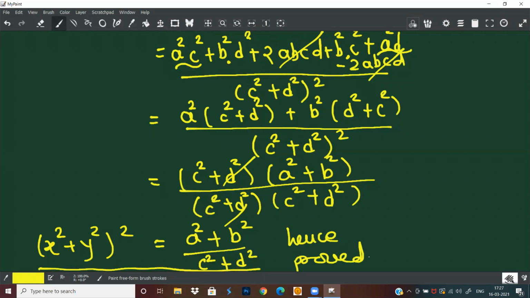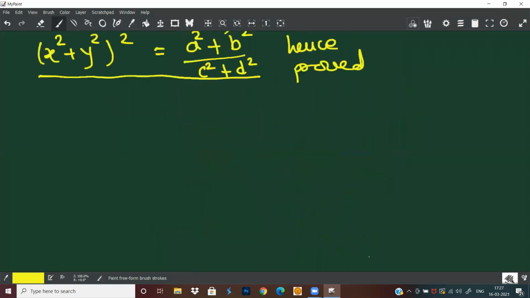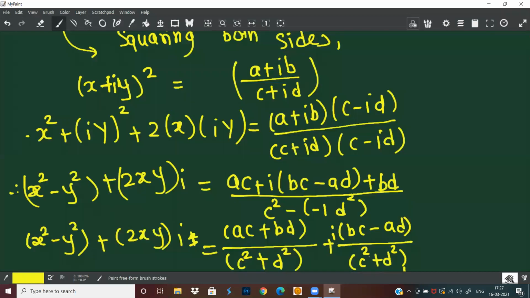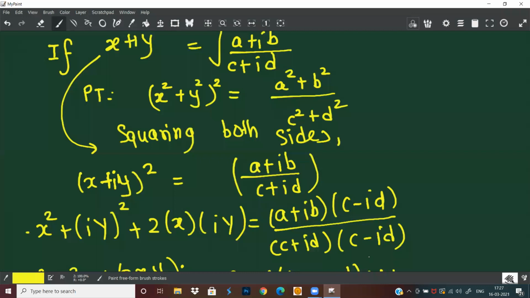Okay. See, I'll scroll it up first and you take a proper look once. You have to prove that x plus iy is root of this. You have to prove this.